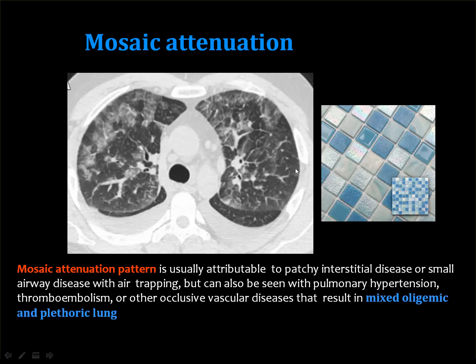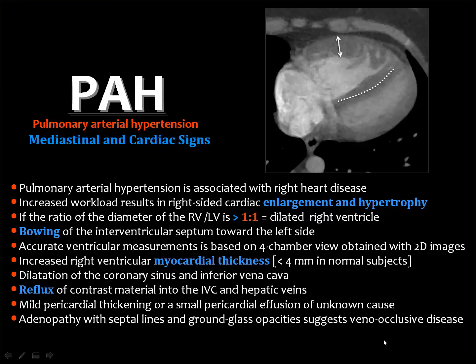This is what we mean by mosaic attenuation, and it represents the mixed oligemic and plethoric lung. The oligemic lung usually appears hypertranslucent, while the plethoric lung usually appears with ground glass veining.